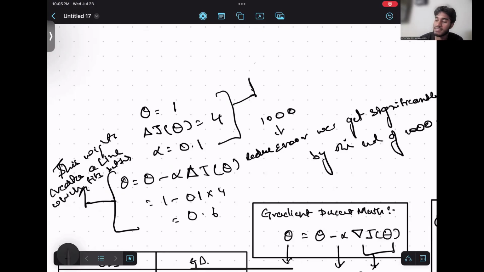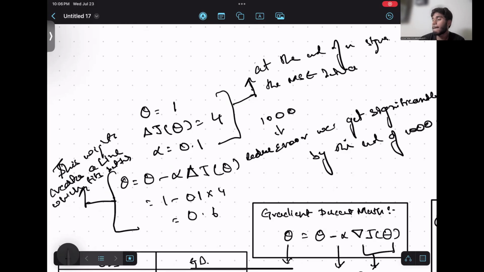These equations or these steps are repeated for the number of epochs or the number of steps the algorithm runs for, so that at the end of n steps, the MSE between y hat and y should be minimum.